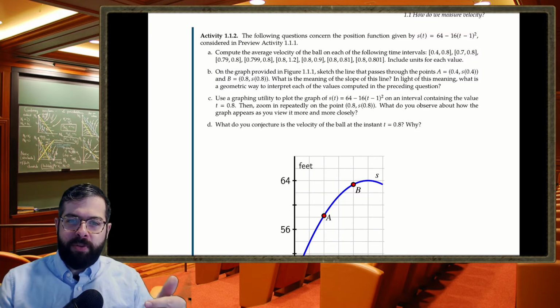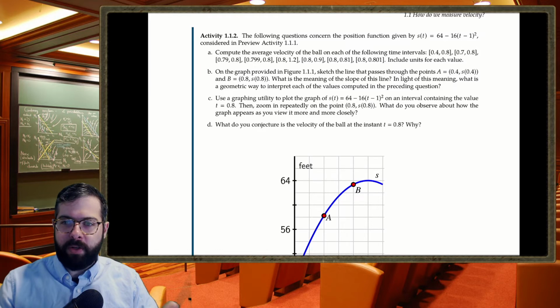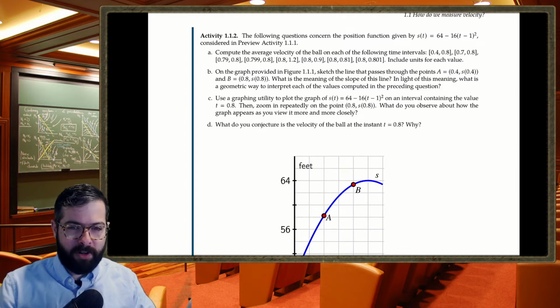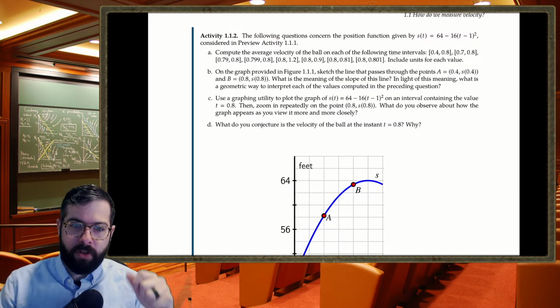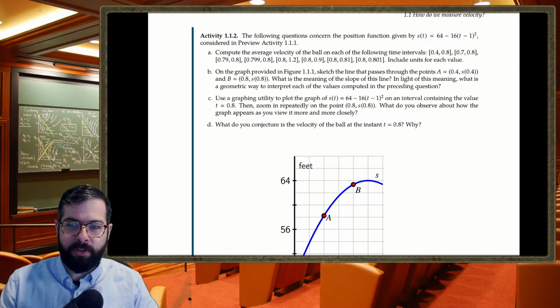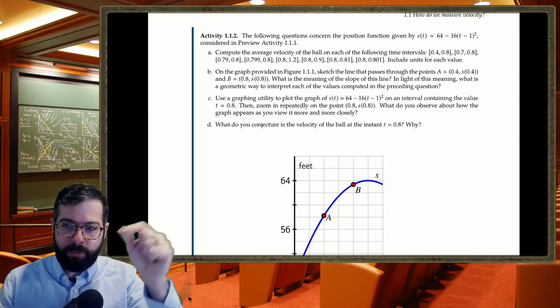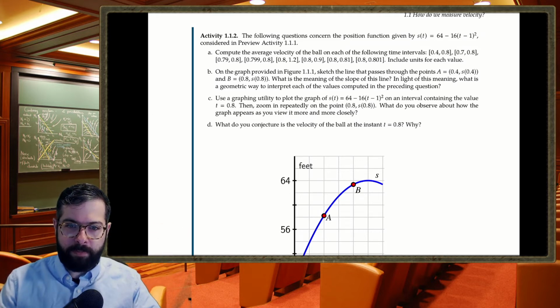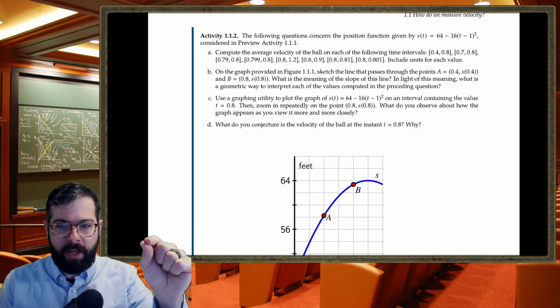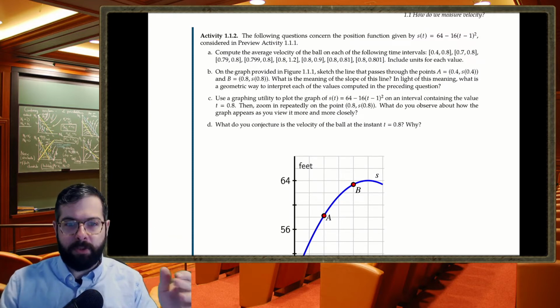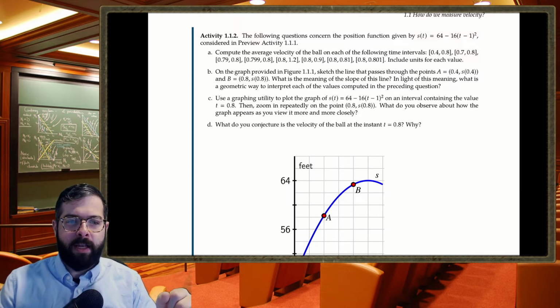So we're going to compute the average velocity on the following intervals. This is something I'm going to have you do, and the solutions are in Module 1. So look for activity 1.1.2 to verify that you got the right average rate of change for each of these intervals. You should see that they are each approaching a certain value, and that value is 6.4-ish.